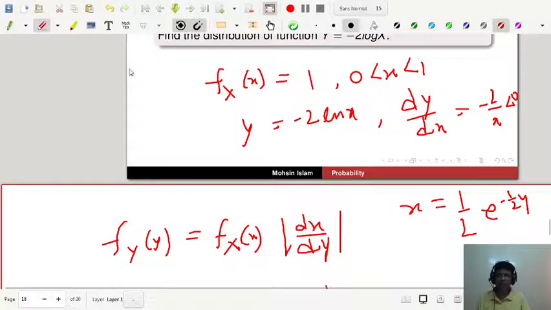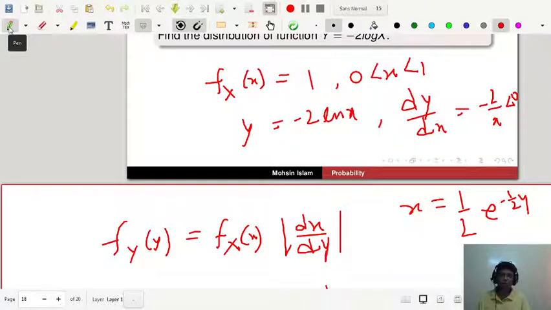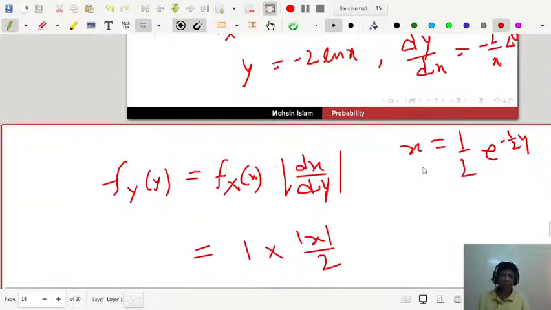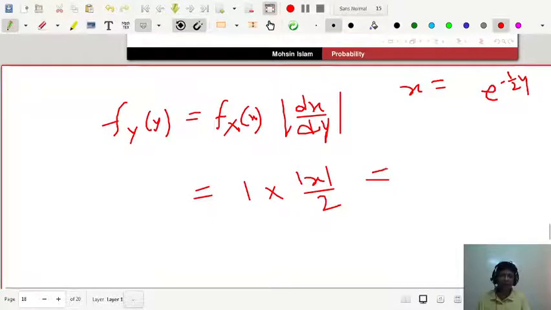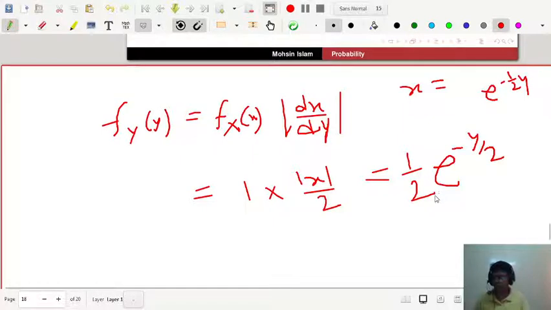This is your x. You have a 2, so your x will be not half, only e to the power minus half, and because of this 2 you have ultimately half e to the power minus y by 2. So this is the distribution, and y ranges from 0 to infinity.